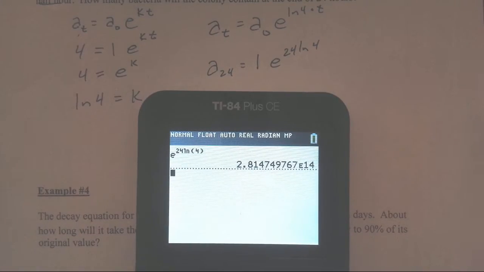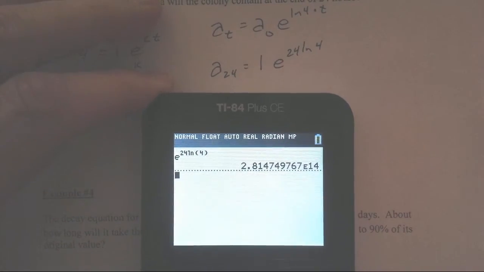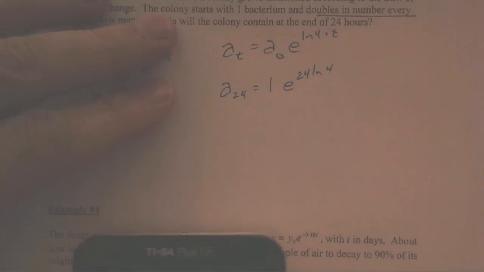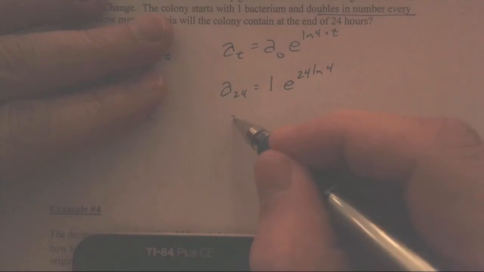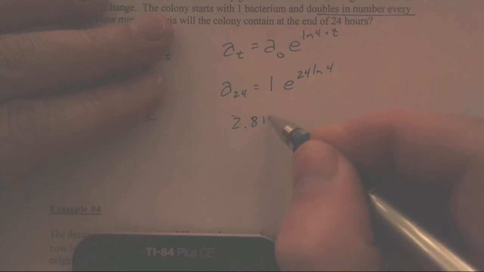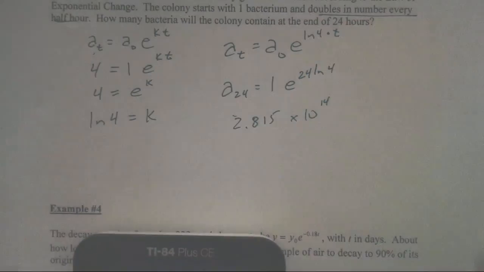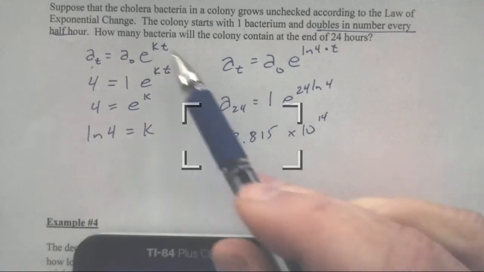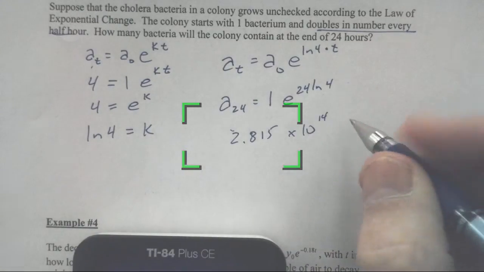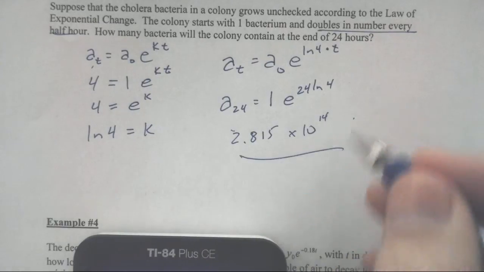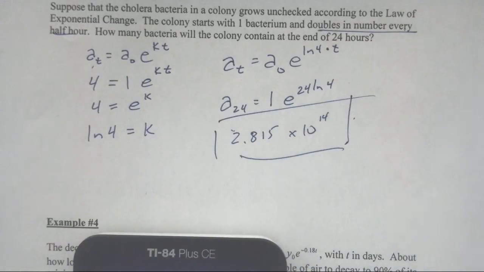General rule of thumb would be 3 decimals even on this rounding. So I'm going to jot that one down. We've got 2.815 times 10 to the 14th. How many bacteria? So there we have it. Doesn't even feel like a calculus problem.